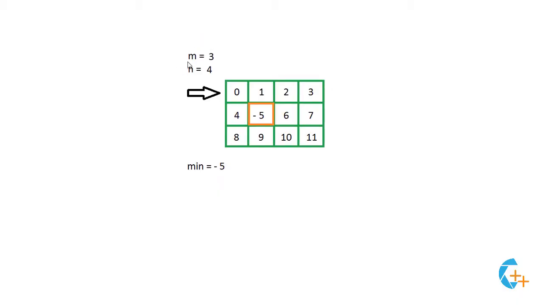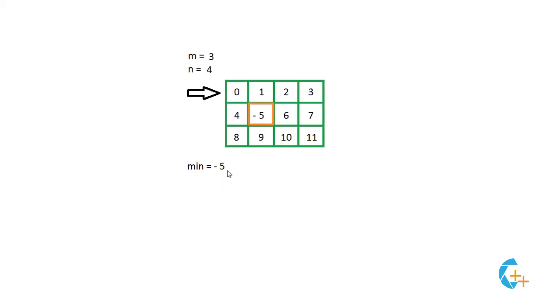So I have a two-dimensional array with n lines and n columns, like in this example. First, this variable will receive the first value, so 0.